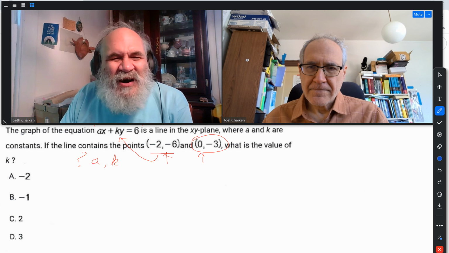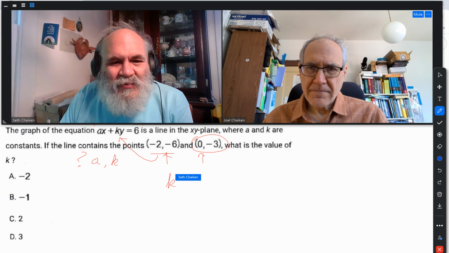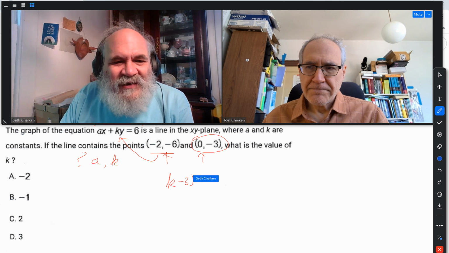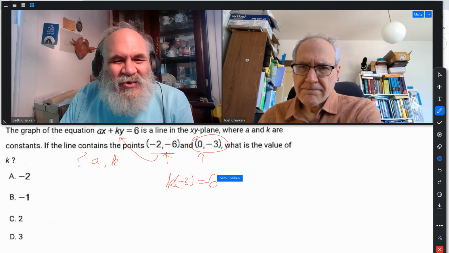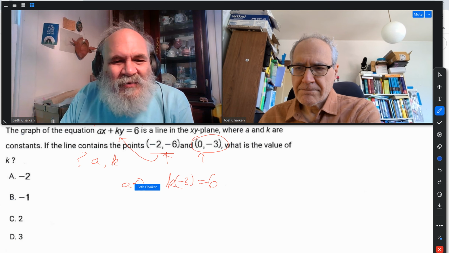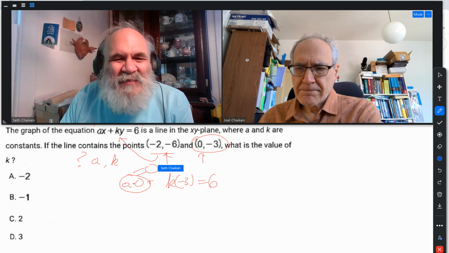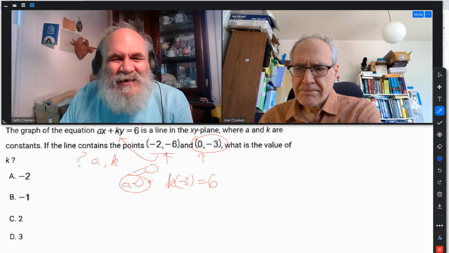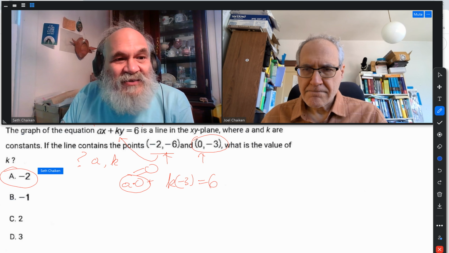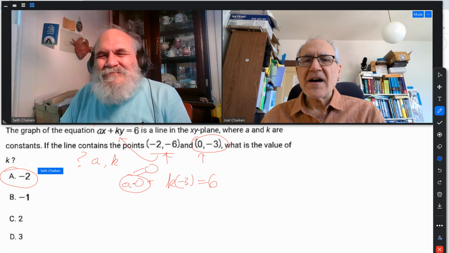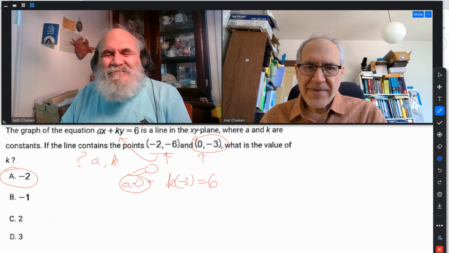So what I thought in my mind is that one of the two equations is k times -3 equals 6, because a times 0 equals 0. So then I thought, okay, what k when multiplied by -3 equals 6? And that is -2. Aha, right. So you noticed the pattern there.